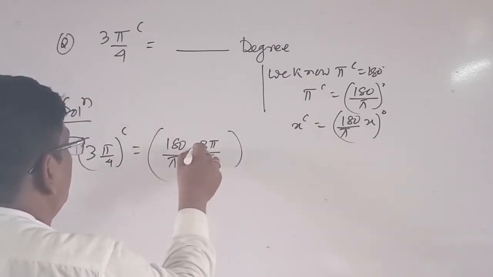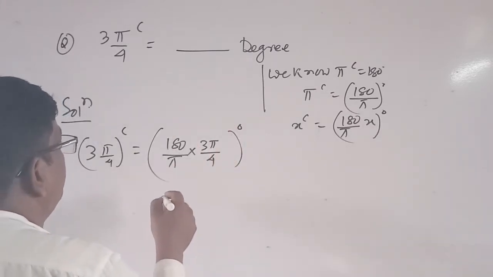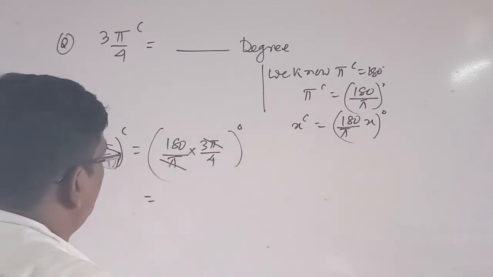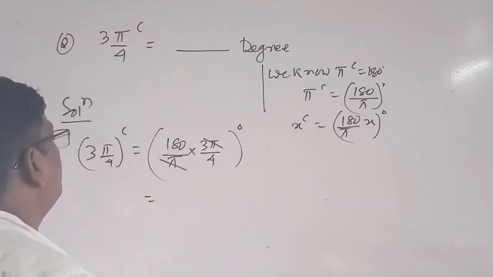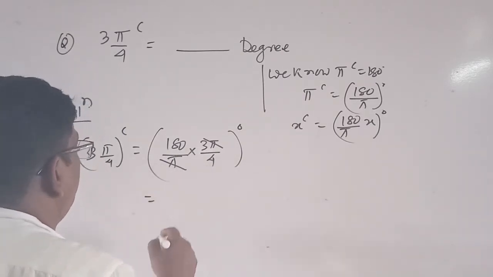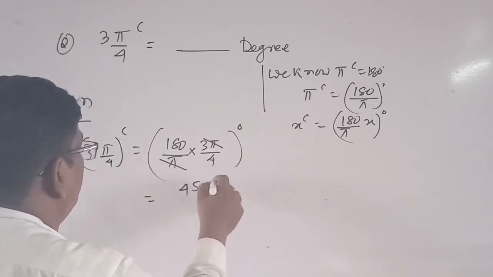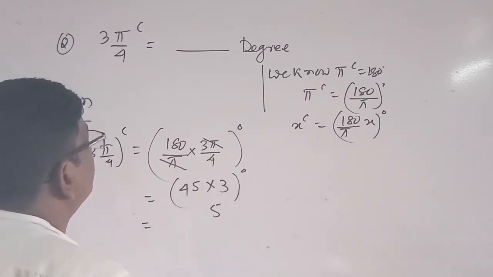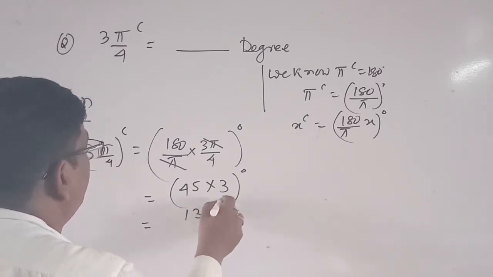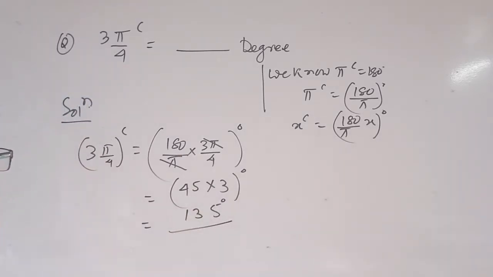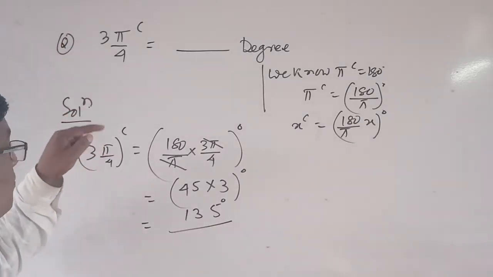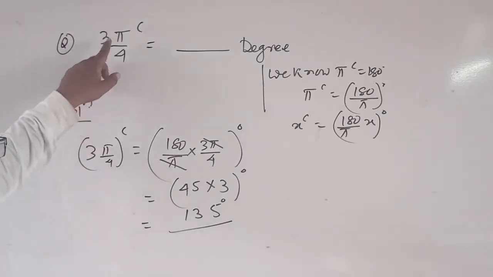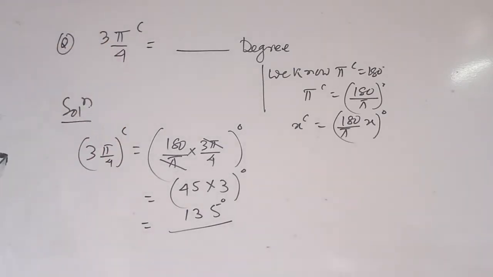So pi cancels with pi, and this is equal to 180 by 4, which is 45, into 3, this amount of degree, and this is 135 degree. Or we can say easily, put pi radian equal to 180 degree, or in a single line, put pi radian equal to 180, then calculate.